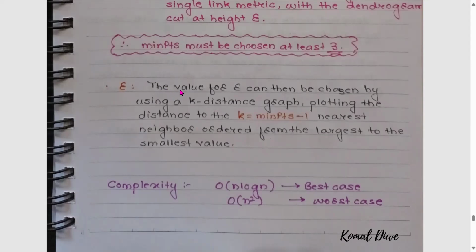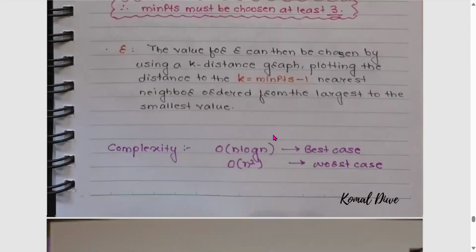The value for epsilon can be chosen by using a k-distance graph, plotting the distance to the k equals minimum points minus 1 nearest neighbor, ordered from the largest to the smallest value.